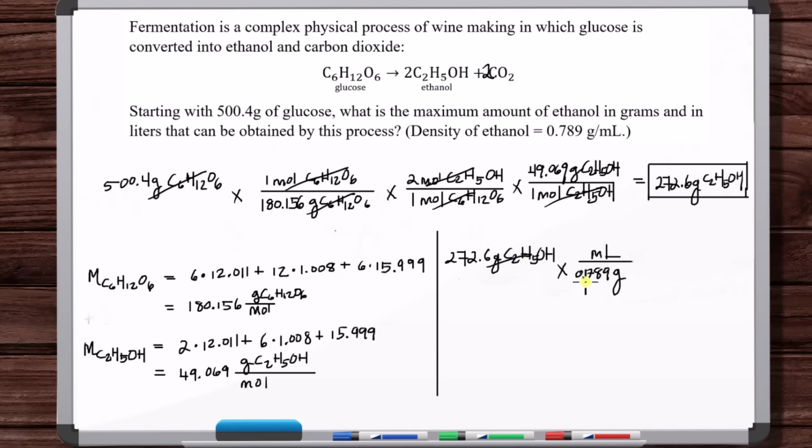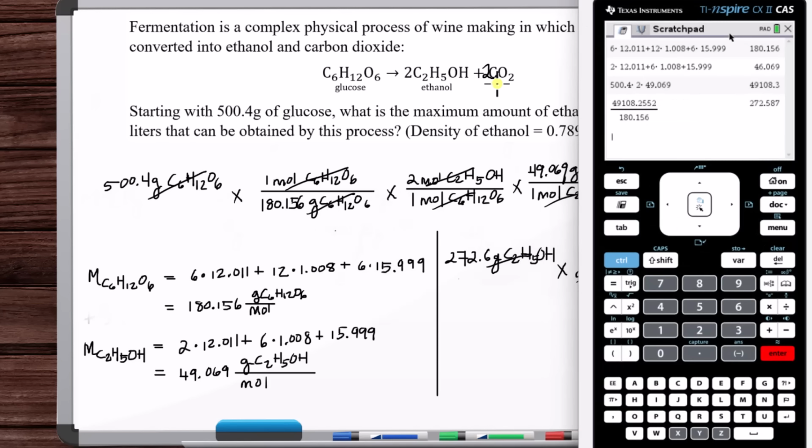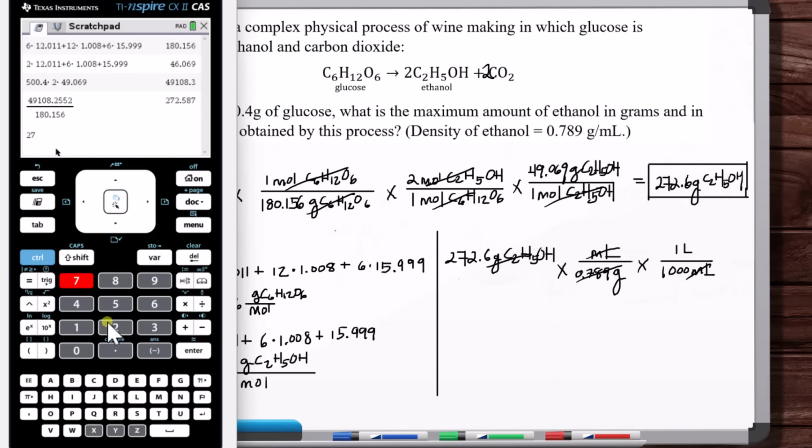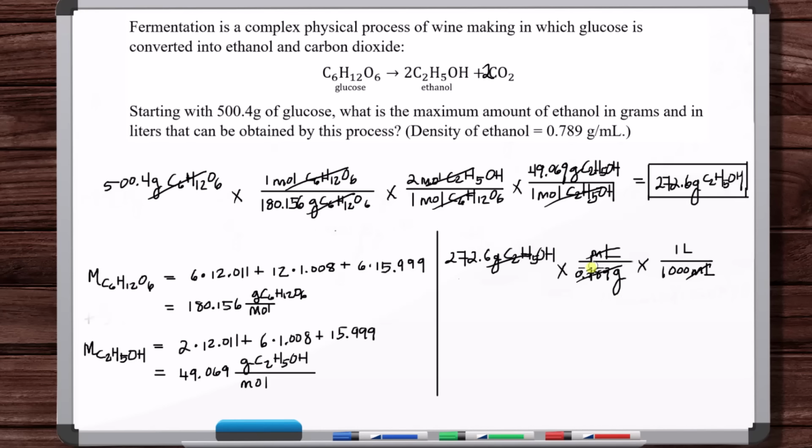Okay, but they're asking us in liters, so we need to do another conversion, and we've got 1,000 milliliters for every 1 liter. Okay, so now we can do this. So 272.6. Why did I cross this? I don't know why I'm crossing the whole numeric value out.